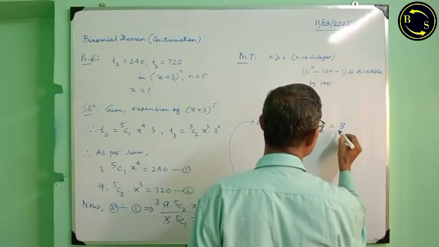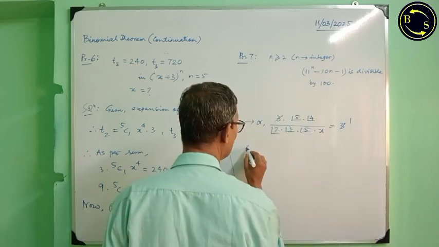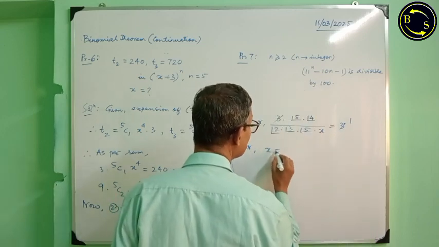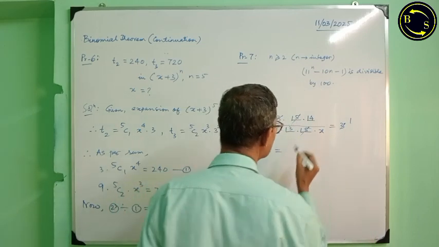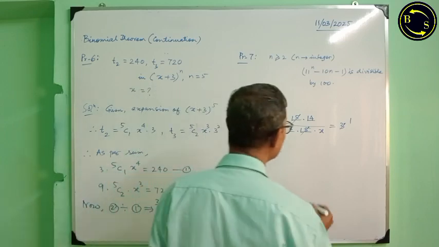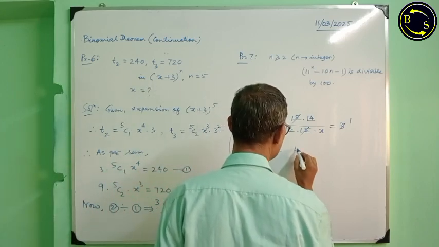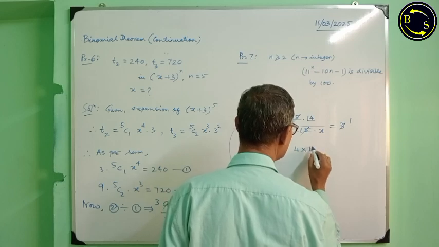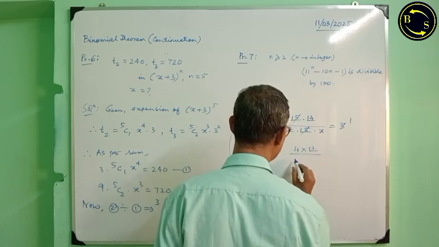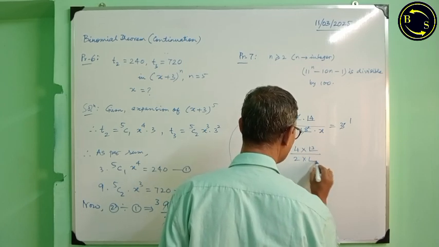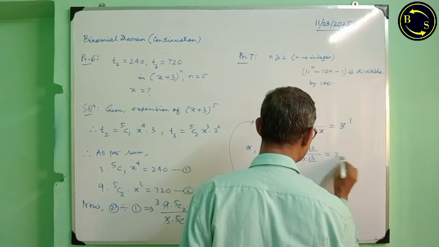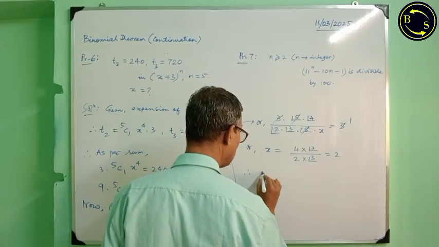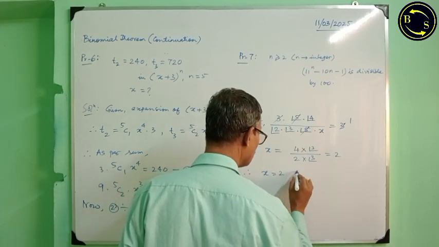Now we can divide both sides, or x equal to, factorial 5s are cancelled, factorial 4 means 4 into factorial 3 divided by 2 into factorial 3 equal to 2. Therefore, x is equal to 2. Answer.